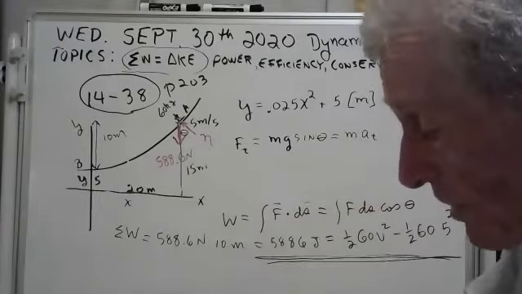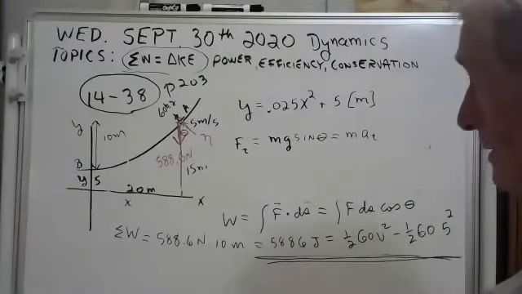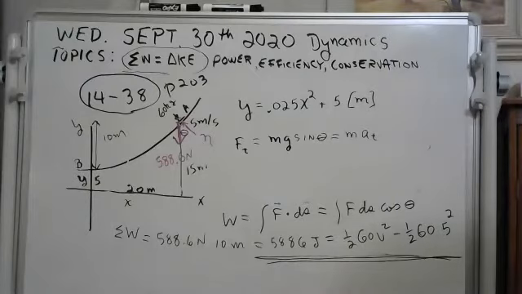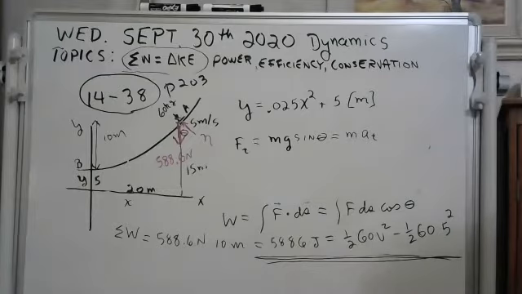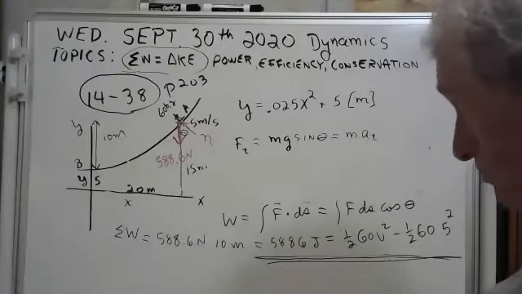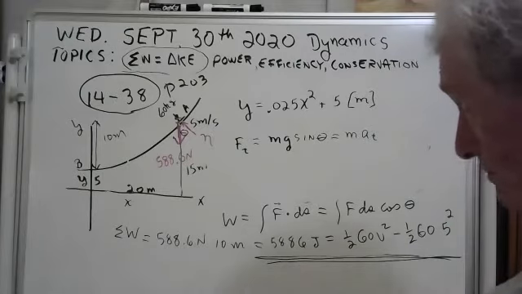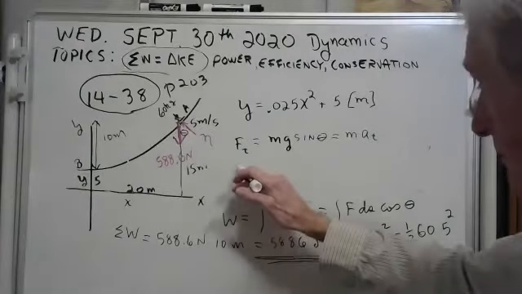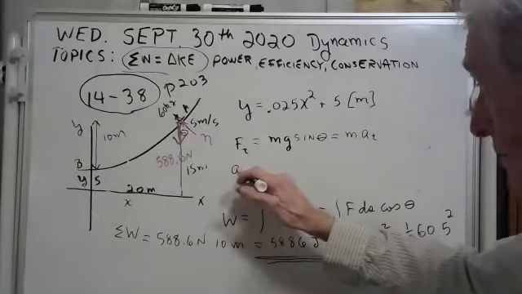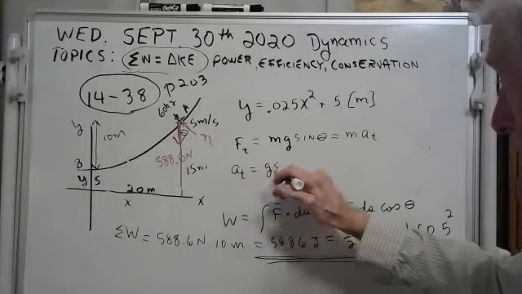I'm trying to find the velocity the hard way. I think that's right. The tangential component of the force is equal to mg sine theta. Yeah, it's equal to m a t. So a t is equal to g sine theta.